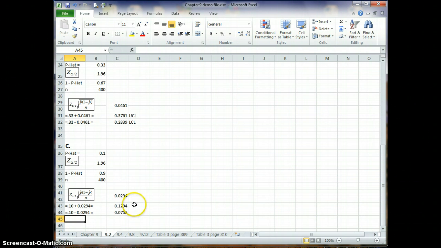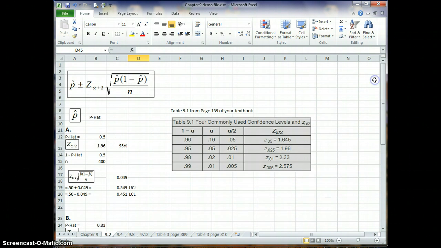So again, you see that the upper confidence level changes as well. So that gives you a basic idea how it works when you change that proportion.